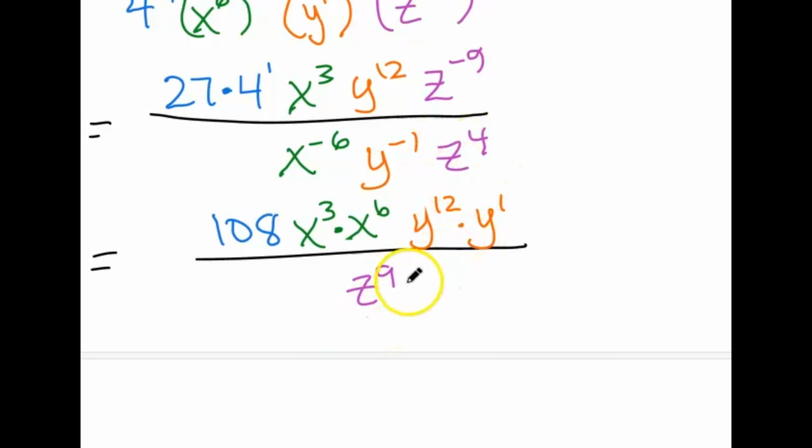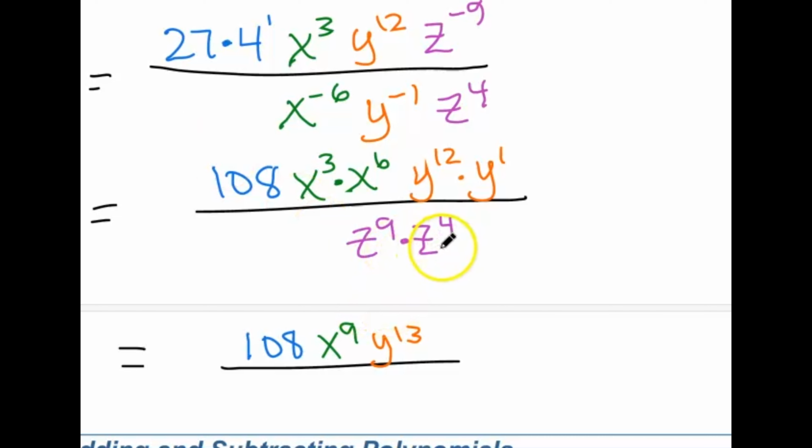Our x's, when we add 3 and 6 together, we get 9. With our y's, when we add 12 and 1 together, we get 13, so y to the 13th power. And then our z's are on the bottom. 9 plus 4 is 13, so z to the 13th power.